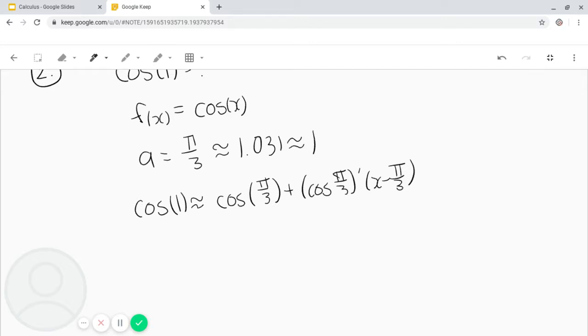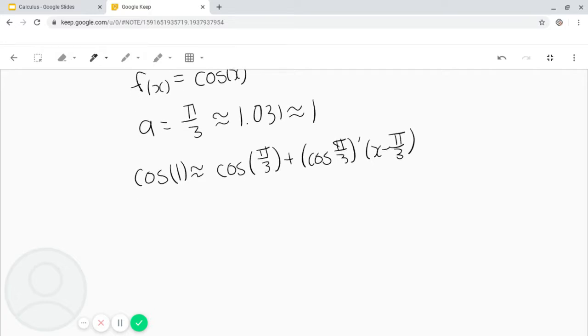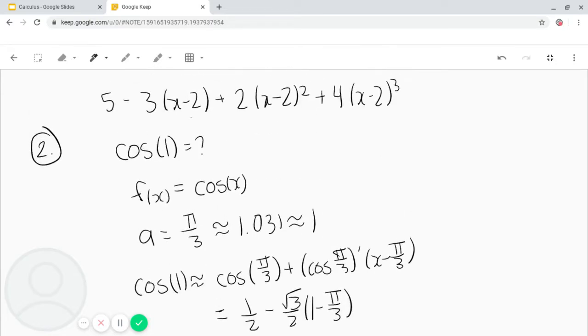So, excuse me, this will be equal to cos of pi over 3 is 1/2, and the derivative, so root 3 over 2 times 1 minus pi over 3, because x here would be equal to 1, because that's what we're looking for.